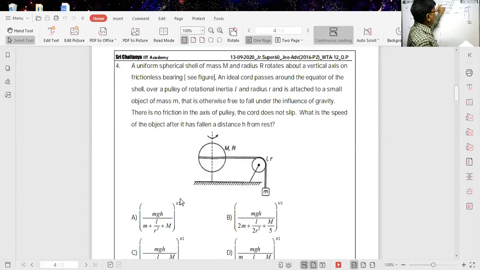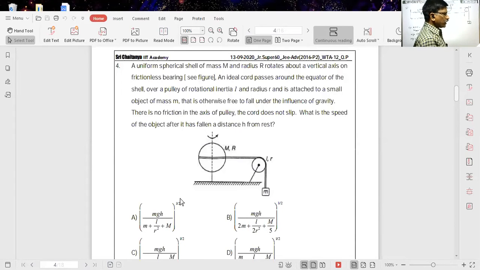The string is passed over the equator of the spherical shell, over a pulley of rotational inertia capital I and radius small r, and is attached to a small object of mass m that is otherwise free to fall under gravity. That means it does not stick to any surface.